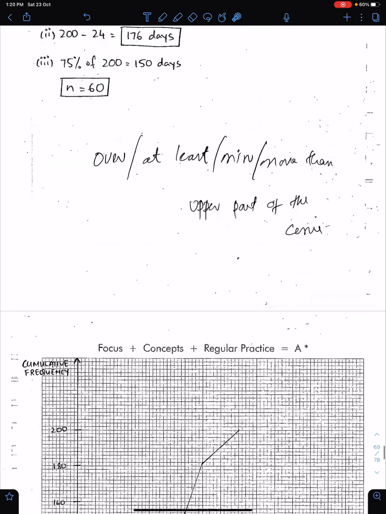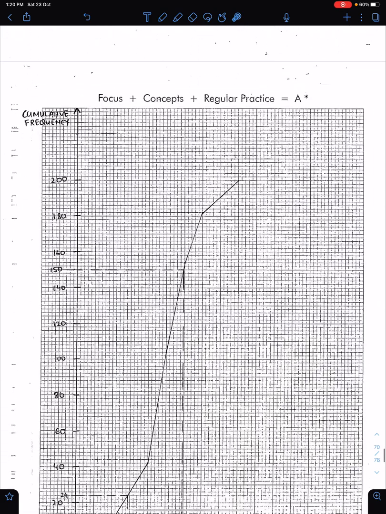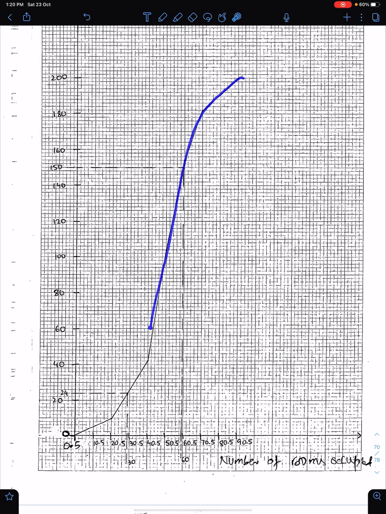So whenever they say over or more than or at least, remember 3 things: over, more than, at least. Then always take this part of the curve. Over 30 means this part of the curve. So take difference of these two numbers. So 200 minus 24 makes 176. This is here.